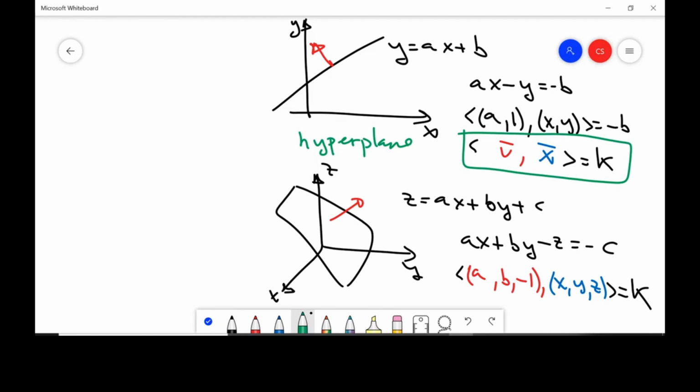Let's say that x is an n-dimensional vector. This equation defines a set of points that lie in a world that is n minus 1 dimensional. The points that fulfill this equation live in a surface, or a manifold is the right word, whose dimension is n minus 1.